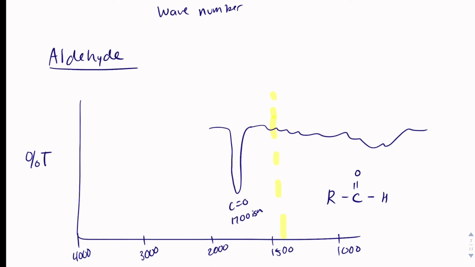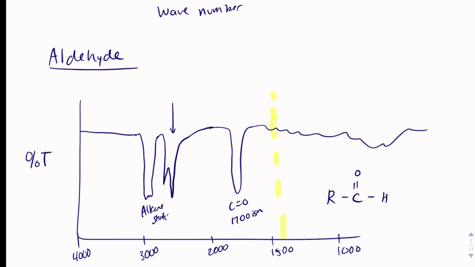Here's what we're also going to have, is we're going to have alkane stuff. But aldehydes, I want you to remember aldehydes have fangs. And those fangs occur if you scroll up a few pages with what's on your periodic table at 2,800 and 2,700-ish. So what those will typically look like is you'll have one peak and then maybe another peak. And these are going to be your aldehyde fangs.